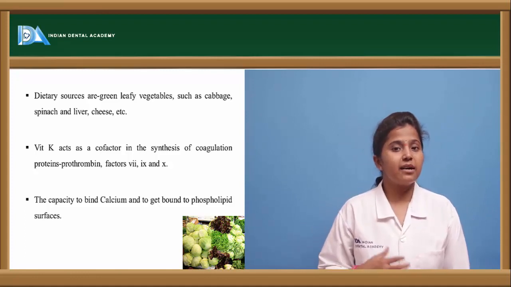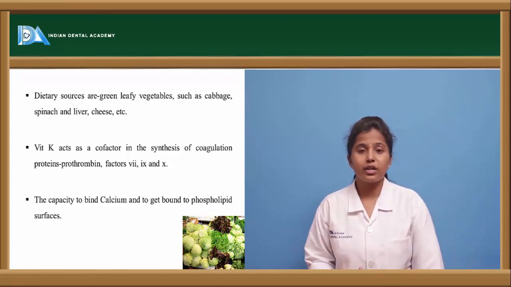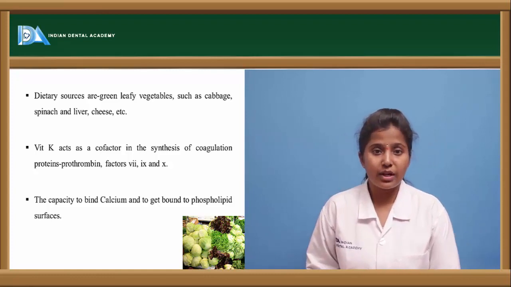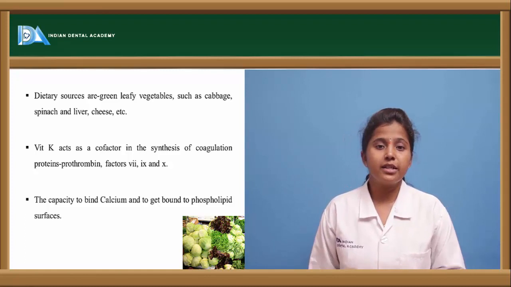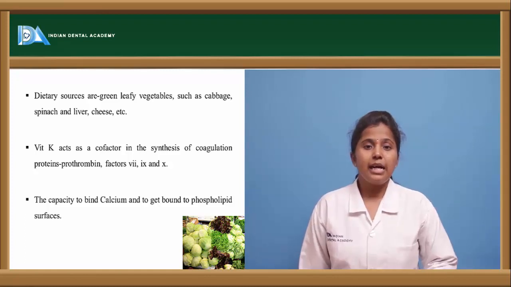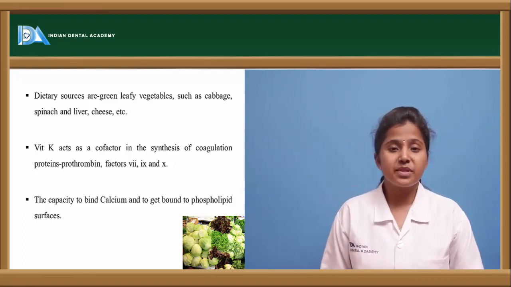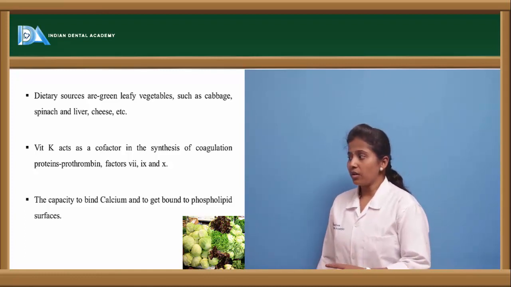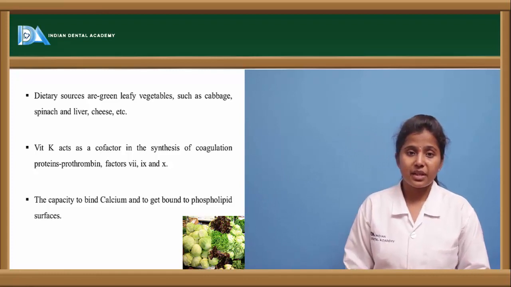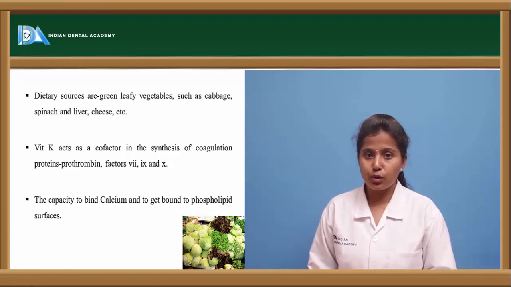Vitamin K is synthesized naturally by the intestinal flora. But vitamin K can be taken into the body through dietary sources like leafy vegetables. It is richly present in spinach, cabbage, liver, as well as cheese, etc. These are a few rich sources of vitamin K.